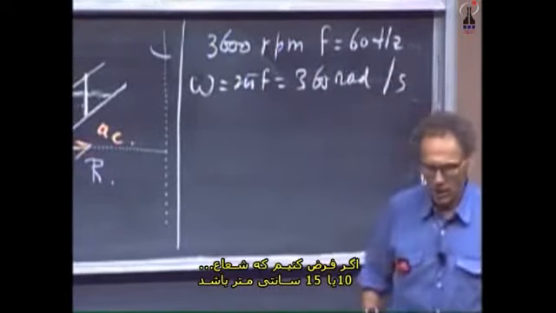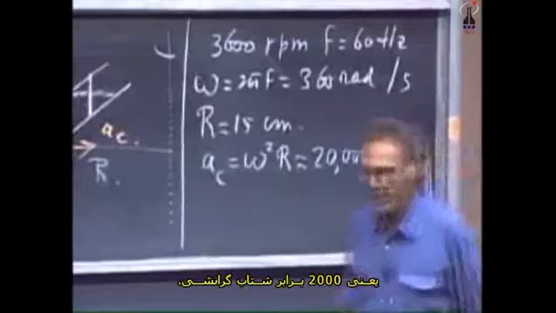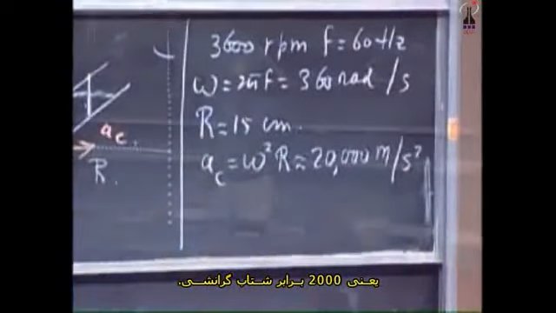If we assume that the radius is maybe 10, 15 centimeters, whatever, let's take a radius of 15 centimeters, we can calculate now what the centripetal acceleration is. And the centripetal acceleration, a_c, which is omega squared r, is then roughly about 20,000 meters per second squared. And that is 2,000 times the gravitational acceleration.